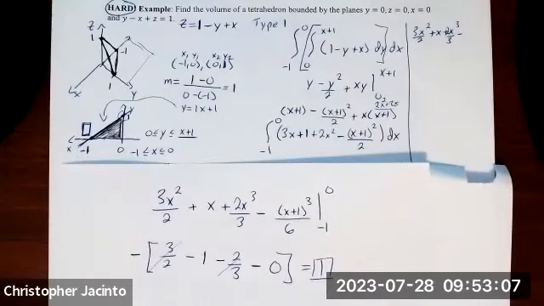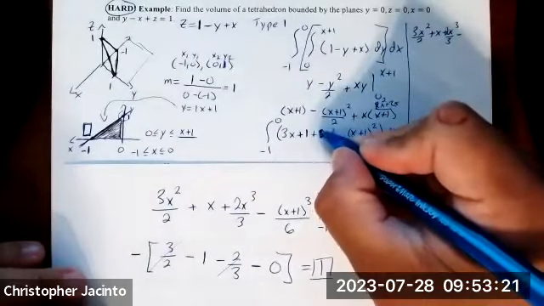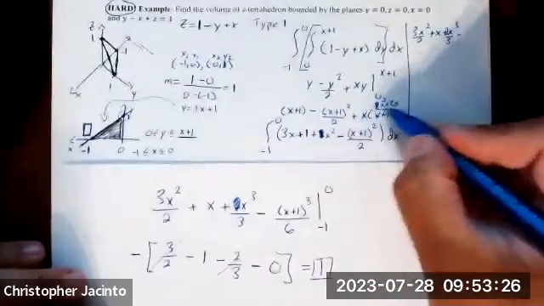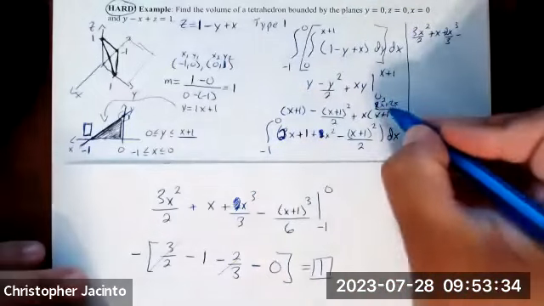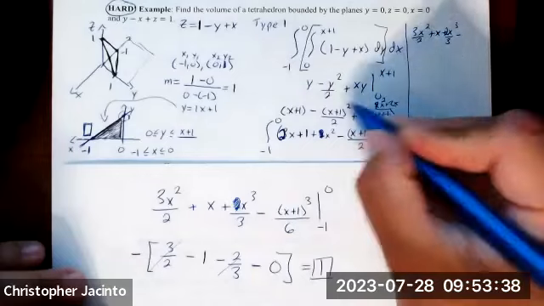Oh yeah, you're right. So it should be x squared and plus x, I think. Oh, okay, so this should be 2x then. Right, so it'd be x squared plus x, and then x times x, 2x.